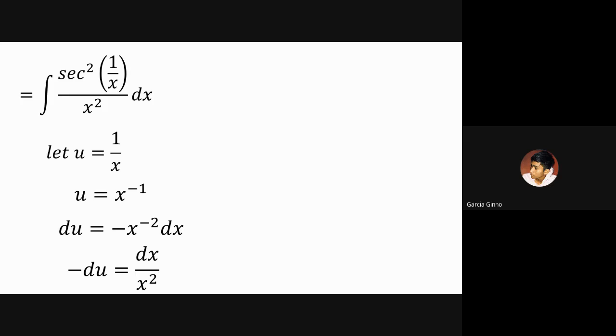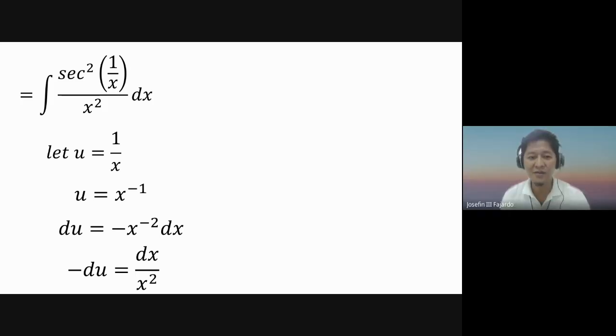Huwag kayong mahiya pag may tanong kayo, para kasi ang style natin dito per step, di ba? Pag sa moment na yung step na yun ay hindi nyo naintindihan, most probably hindi nyo na maiintindihan yung mga susunod. So I advise kapag may hindi kayo naintindihan na isang linya, doon itanong, tulad ng ginawa ni Mr. Garcia.